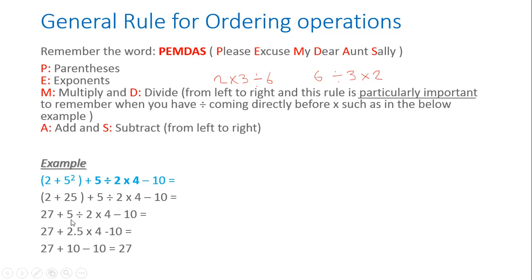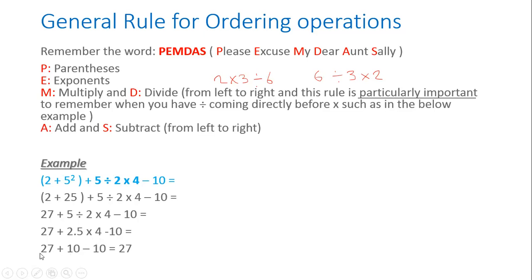So we divide first 5 by 2 to get 2.5, and this is to be multiplied by 4, and the rest stays as it is. Now we are at this level. We have addition, multiplication, and subtraction. So we do the multiplication first: 2.5 multiplied by 4 gives us 10.